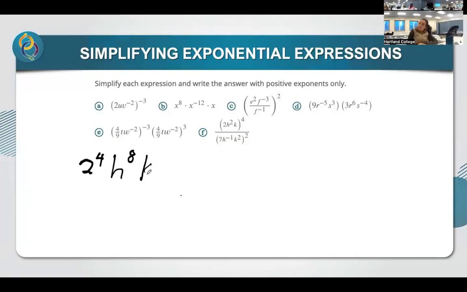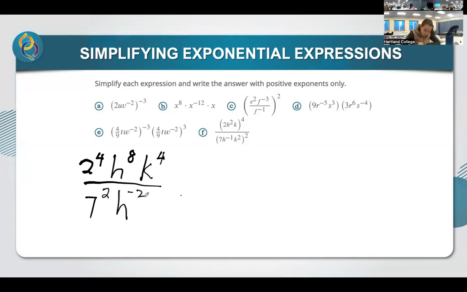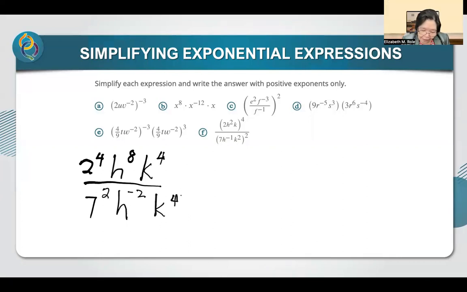Over 7 squared, correct? 8 to the negative 2. Multiply. Then k to the 4th. Are you there? Yes. Good.